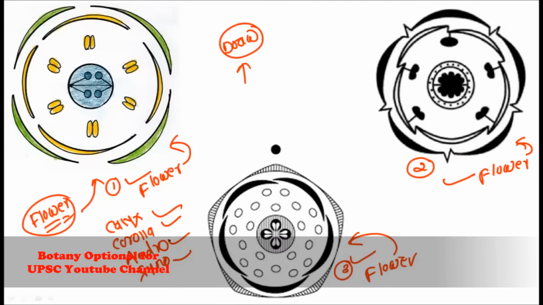All these factors are responsible for creating different types of floral diagrams in different types of flowers, right? As you can see, in the first floral diagram, the outermost whorl represents the calyx. So these are the calyx in the first diagram. See, 1, 2, 3 and 4 calyx are there, that is the K4 condition, and as they are not fused with one another, a gap is shown between them.